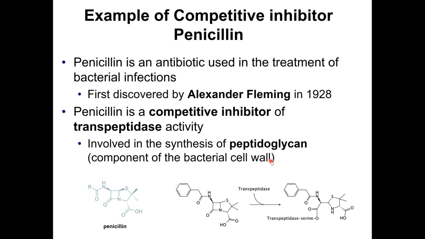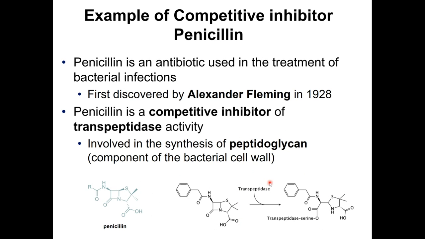That's how penicillin works. Now, if you look, this is penicillin, and this is the normal substrate of transpeptidase. I hope you can see the similarity. Look at this part of the molecule of the substrate here. You can see it's very similar to penicillin. In fact, penicillin basically simulates the substrate.